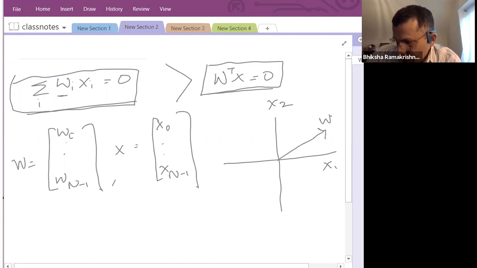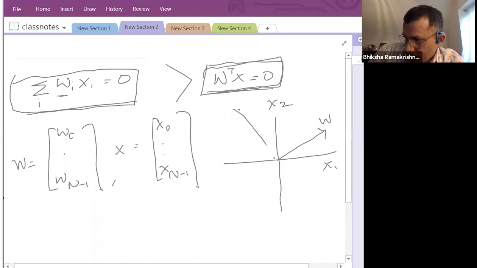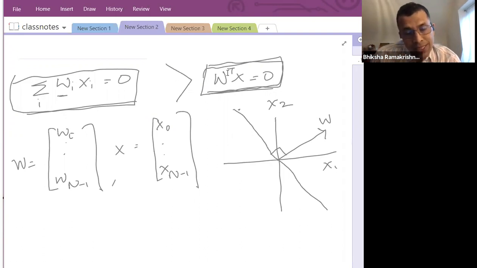The set of x's that satisfy this equation is going to be the set of x's that is at 90 degrees to w, at normal to w. w is normal to the hyperplane that separates the two classes.